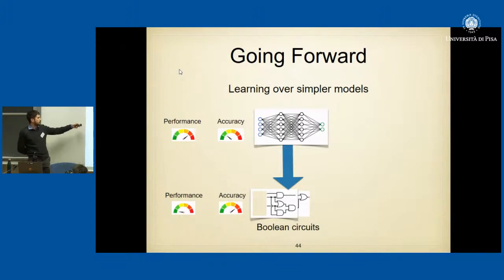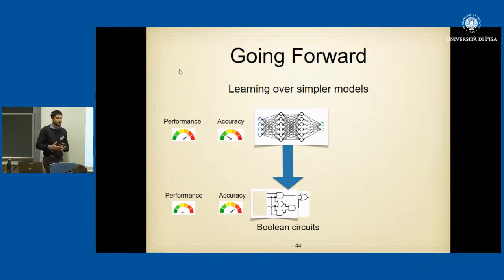The neural network is very accurate, but has worse performance because obviously it's computing over the real numbers. This is to be compared with a Boolean circuit, which has great performance because it's not computing over the reals, but is less accurate because, of course, the level of precision is not the same as if you're considering a range of real numbers. So there is a trade-off between these two models.